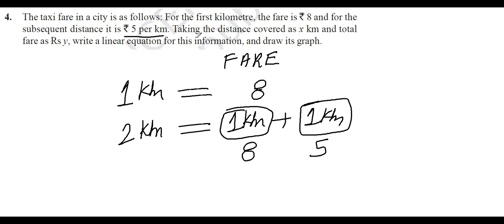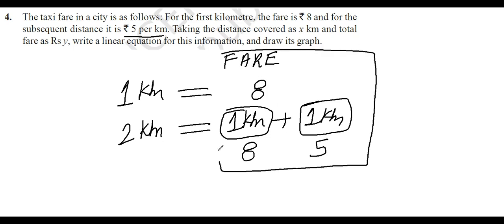Okay. Now he is saying to take the distance covered as X kilometers. So I will take the distance covered as X kilometers, and the total fare is ₹Y. So here my total fare is this, and the total distance covered will be X. So I will write here distance.